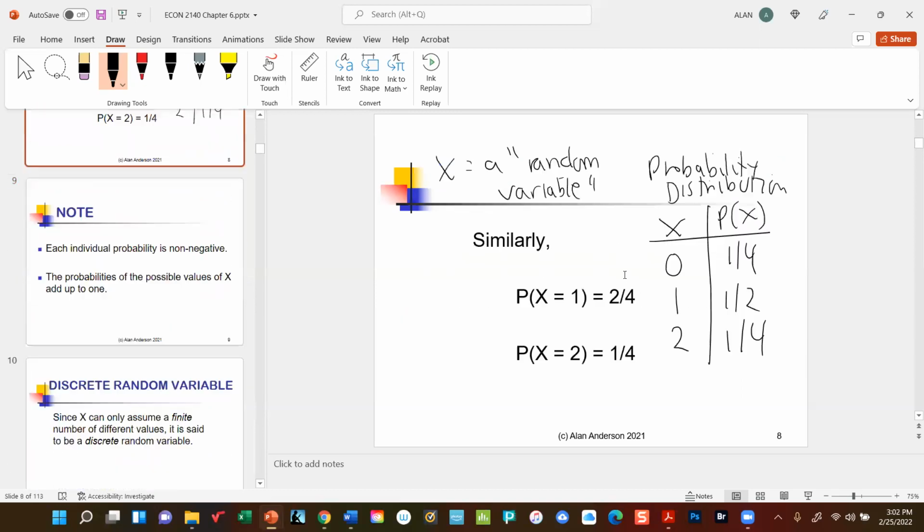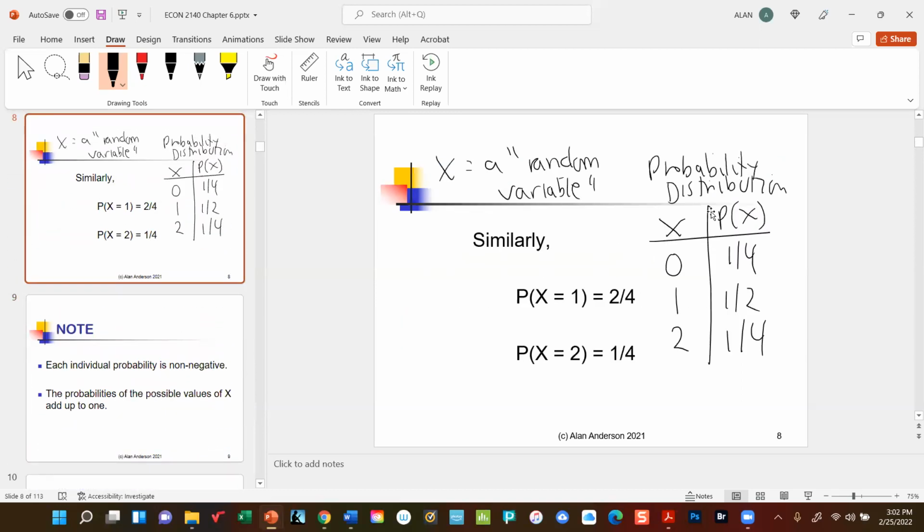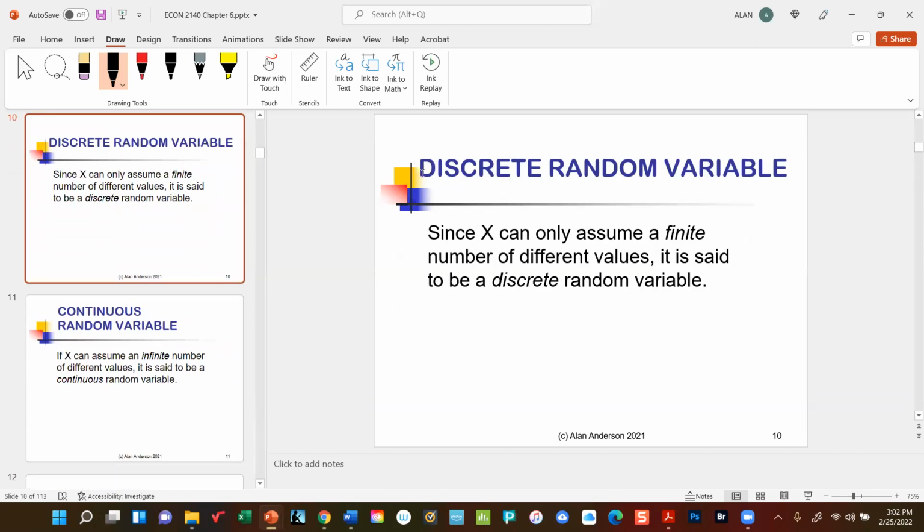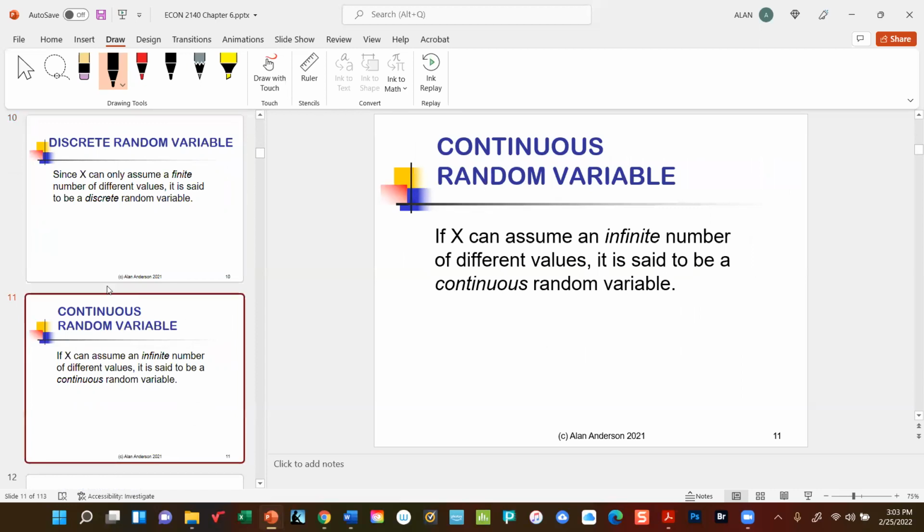Also, because X only has a finite number of possible values, it is classified as discrete. So when we spell the word like this, it means a finite number of possible values. The opposite of that, which we'll see in the next chapter, is continuous.